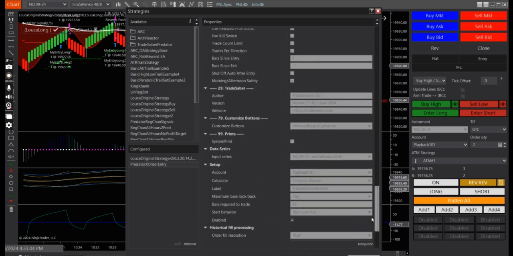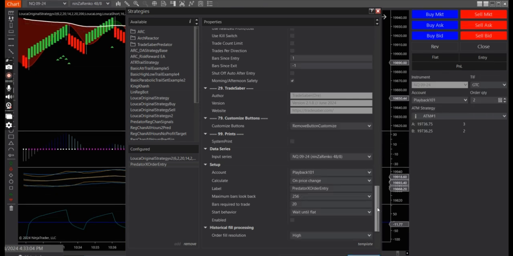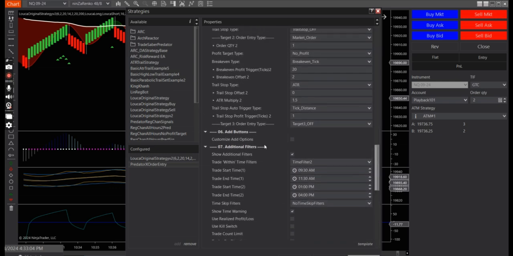Actually, let me uncheck it so I can show you. Right here, I have the target off. In part 3, I have the target off, target 3 off.